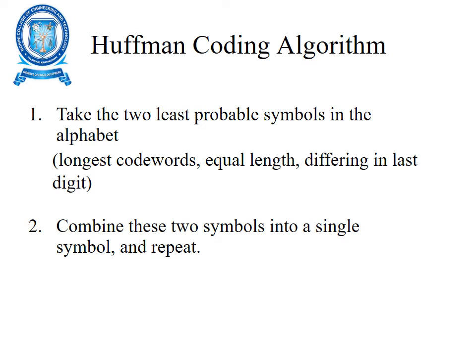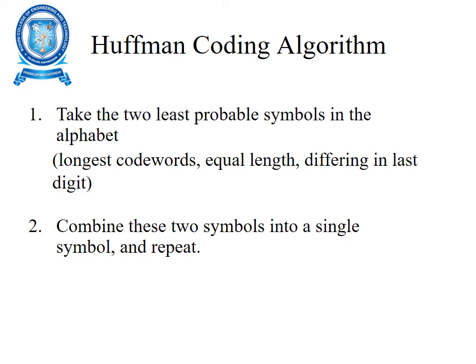In the Huffman coding algorithm, we take the two least probable symbols present within the alphabet, which get the longest code words of equal length, differing in the last digit. If I have 5 different probabilities, I arrange them in order from highest to lowest probability.